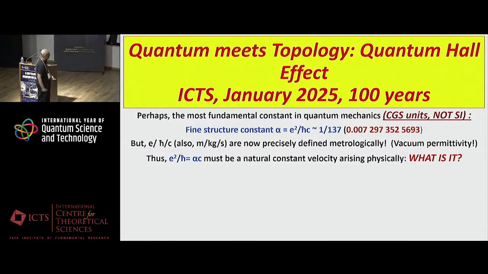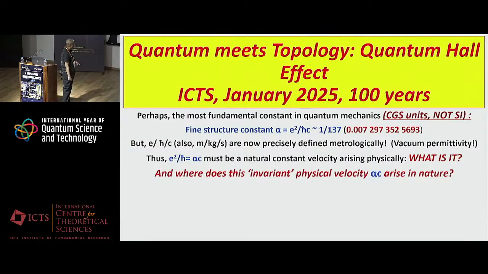Because it's just obvious right there. And it should also arise physically. After all, c is one of the most physical velocities in the world. It's the velocity of the photon, okay? And Einstein told us it's invariant. You need that to make Maxwell's equations invariant, right? So there should be an invariant velocity in nature which arises physically, which should have this value. What is it? And where does this invariant physical velocity alpha c arise in nature?